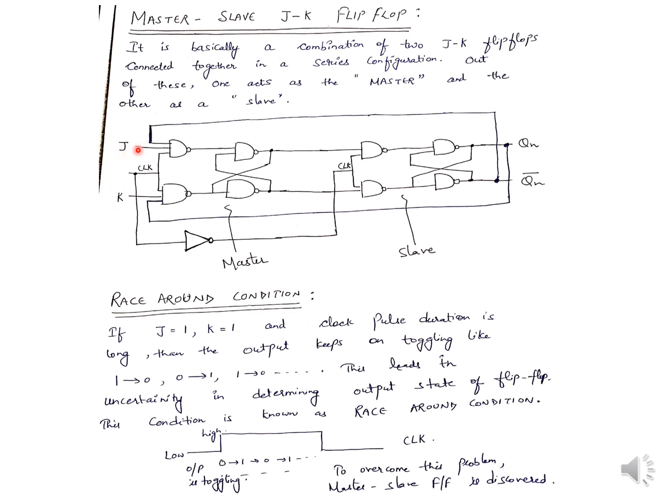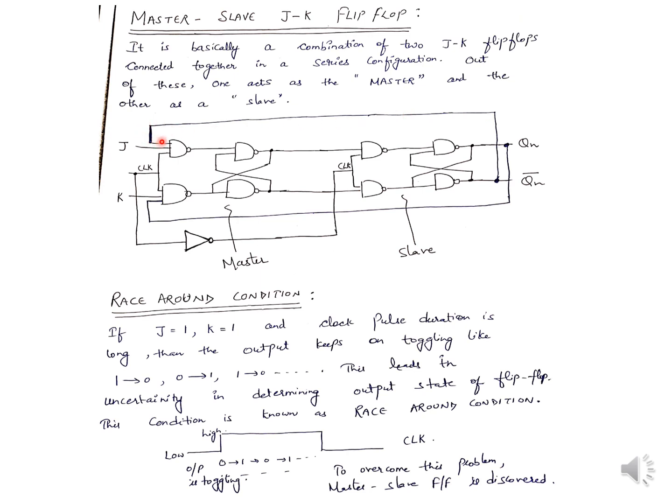So let's concentrate: J equals 1, K equals 1, and the clock pulse is also 1 here. Suppose the output is 1 here. That means when the clock pulse is high, this one is not going to work.